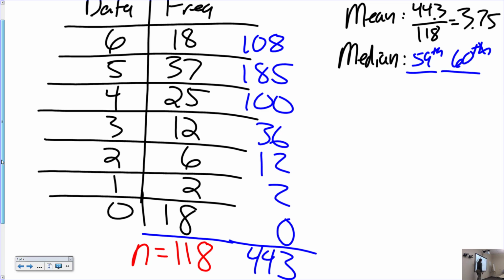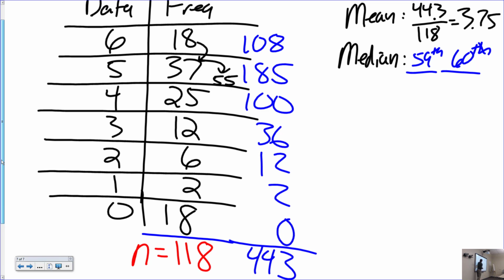So here's where you use the frequency table, right? The first 18 numbers are 6. Okay, what's 18 plus 37? So 18 plus 37 gives you 55.